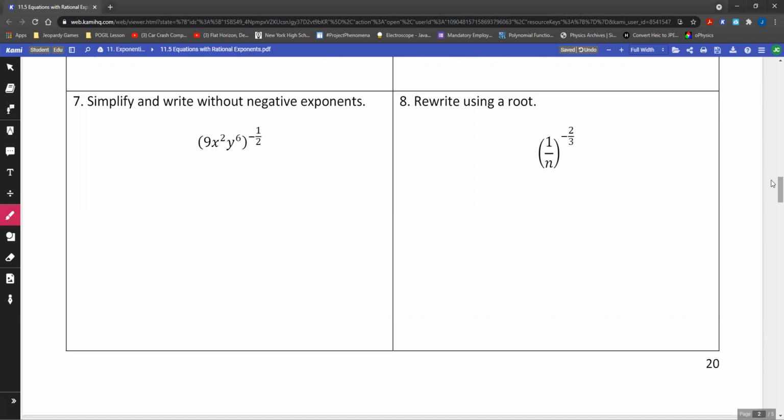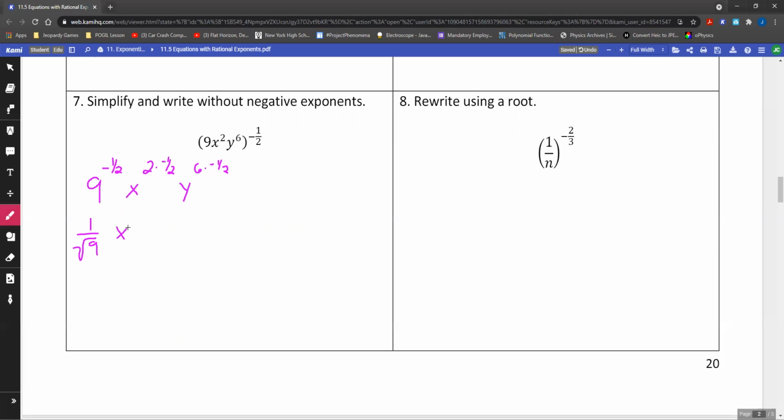All right. So with this, what we're going to do is distribute this half exponent to each term. So again, I'm not multiplying the numbers by half, I'm multiplying the exponents by half. So this becomes 9 to the negative 1/2, x to the 2 times the negative 1/2, and y to the 6 times the negative 1/2. From here, this ends up being 1 over the square root of 9.